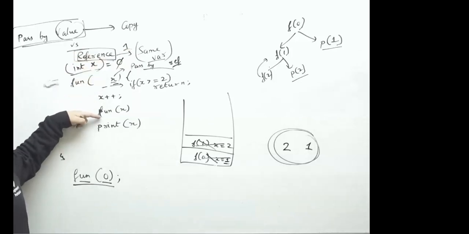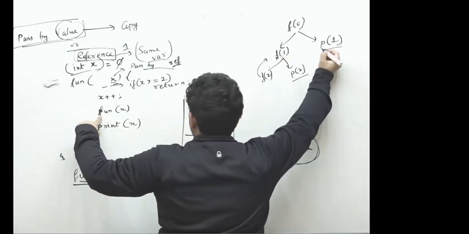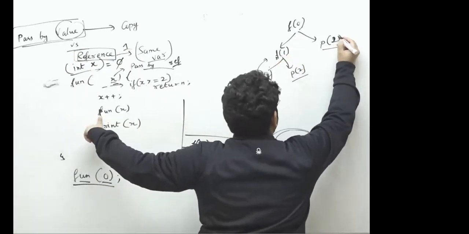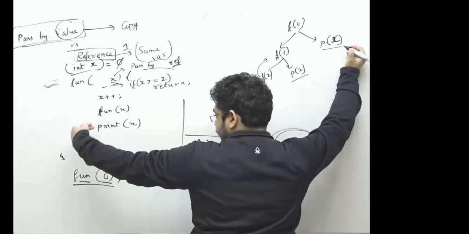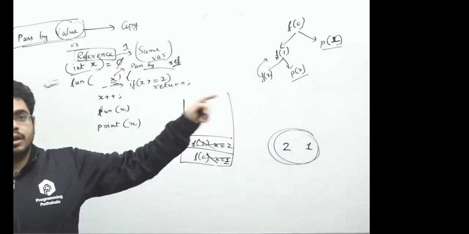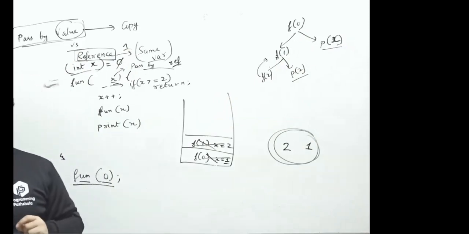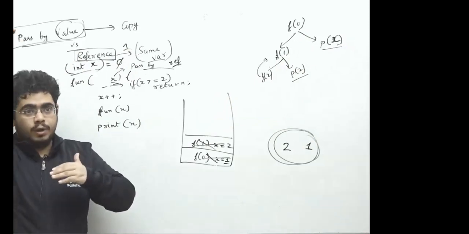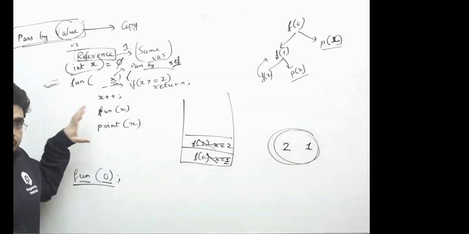Then you call f of 1. Same idea, but this time you will write print x, not print 1, because you don't know when it returns here what the value of x will be. Can you all see the subtle difference? Yes or no? Because it is global, right? Earlier it was not global. Earlier it was my own x.